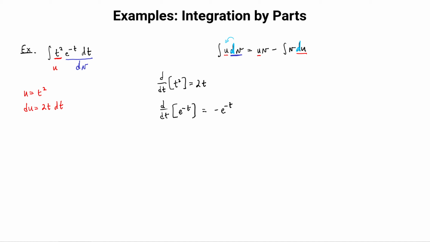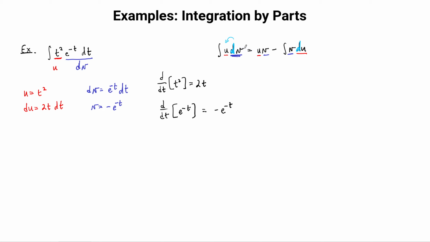On the other hand, dv has to be e to the minus t dt. We need to integrate that to find v. If you integrate dv, you get v. The antiderivative of e to the minus t is, in this case, minus e to the minus t. So there we go. We've got our v, we've got our u and our du.